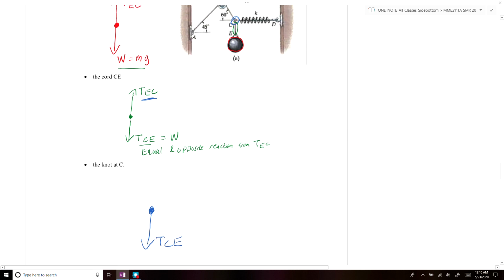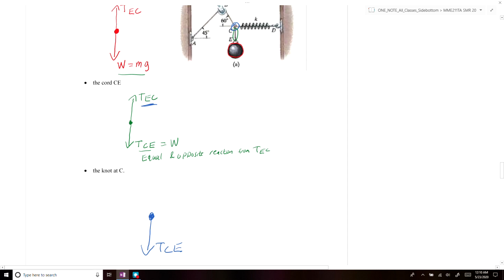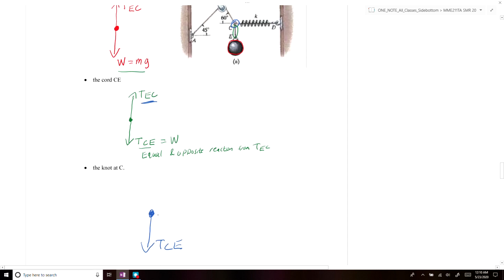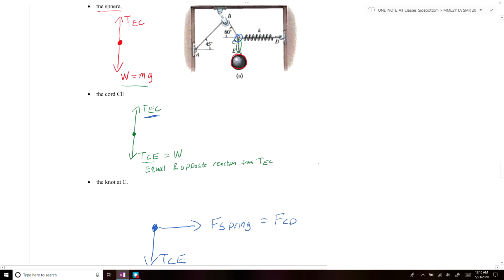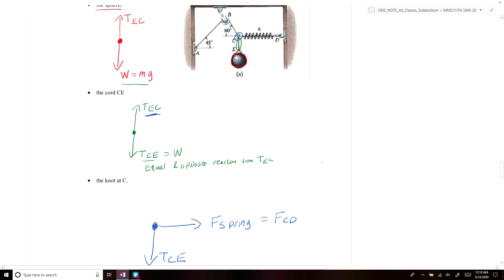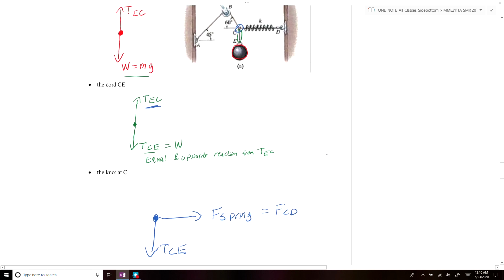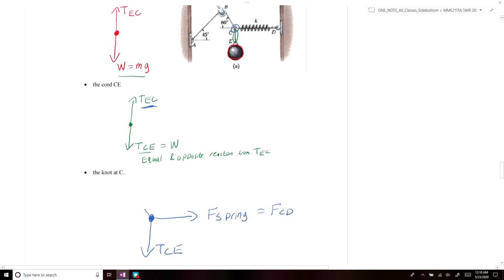All right. We know that we have a force that goes from point C to point D that's caused by the spring. You can say this is also force CD. And then we also know the tension in the cable that goes from point C to point B would also apply a force at the knot.